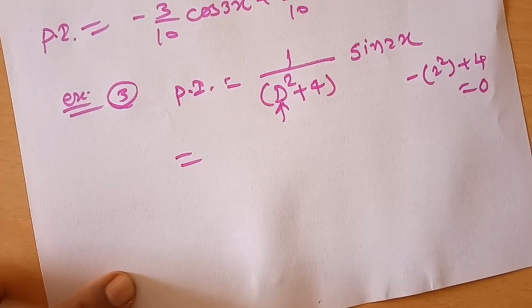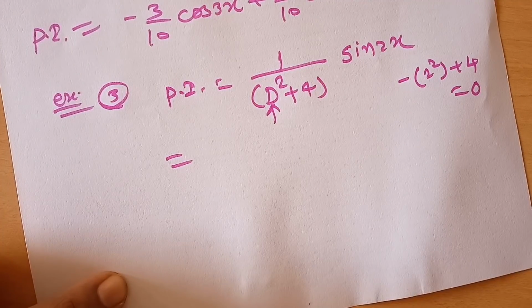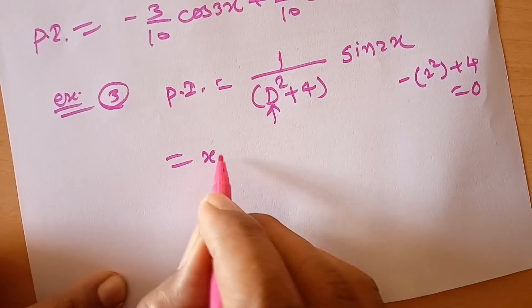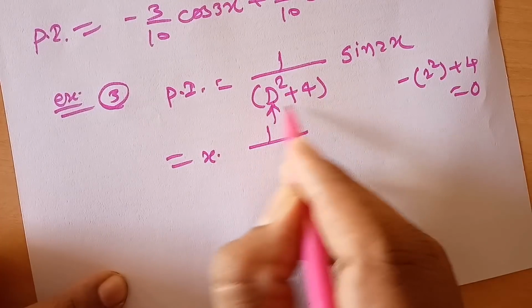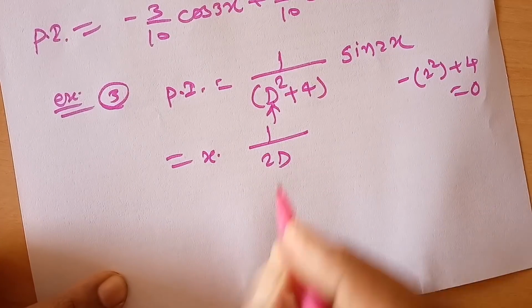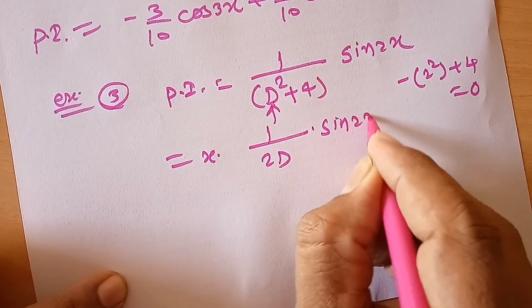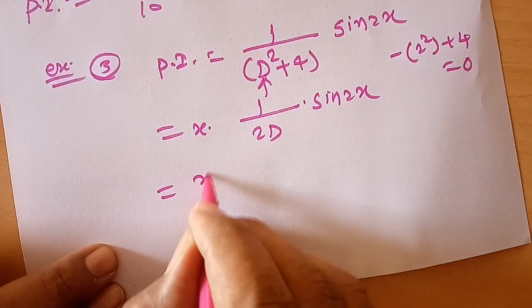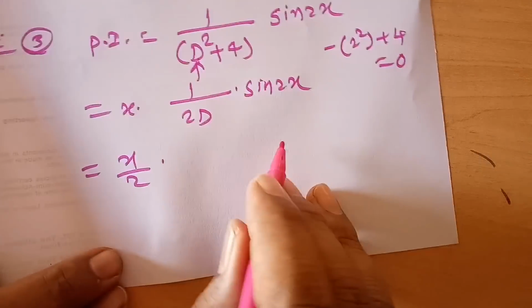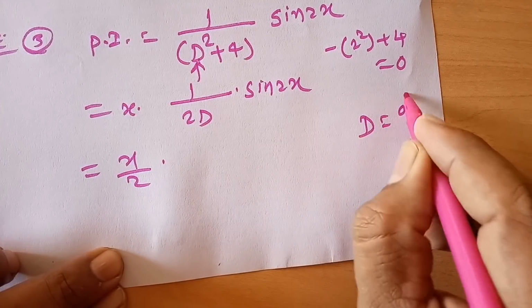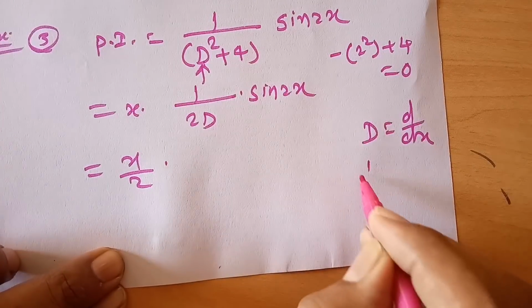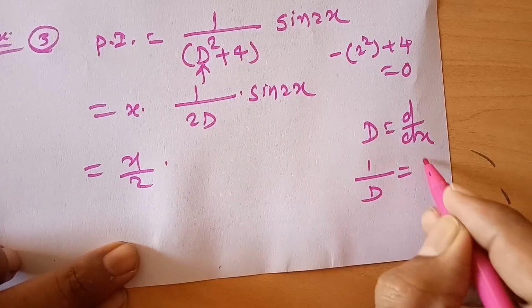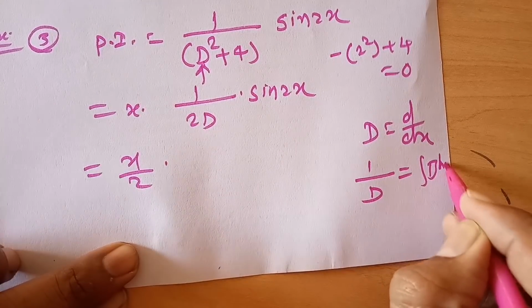Therefore again here if this is 0, denominator 0, then we have to take x into 1 upon derivative of this function, and derivative of this function is 2D into sine of 2x, which is equal to x divided by 2. Now here this D means d by dx, then 1 by D means integration of this function with respect to dx.